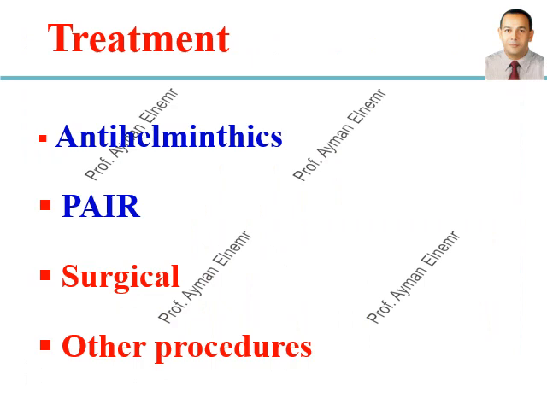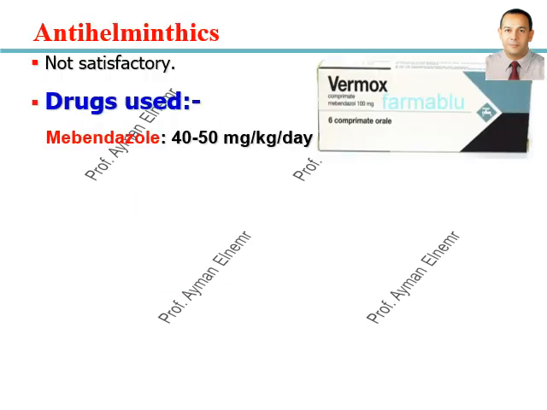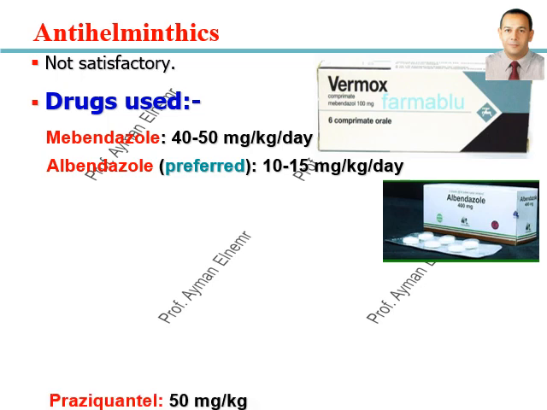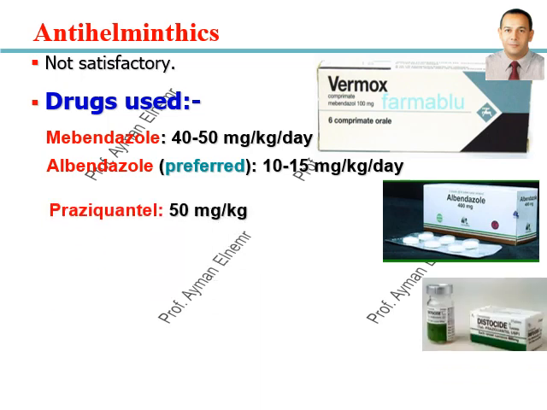The treatment of hydatid disease is, first, medical treatment, which is anthelminthic drugs. Second is the PAIR technique. Third, surgery. Fourth, other procedures. The drugs used in medical treatment are mebendazole, albendazole, and praziquantel, which is an antischistosomal drug.